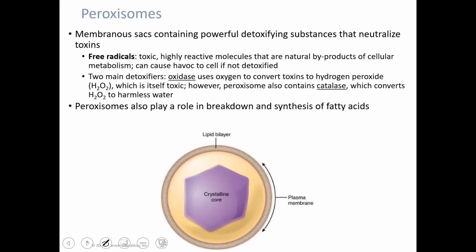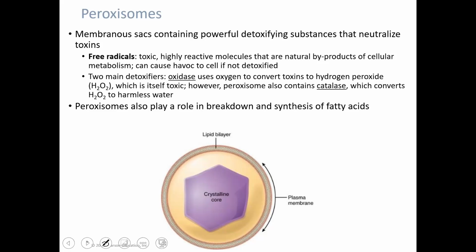As they move through a cell, they can destroy organelles. As they move through tissues, they can destroy tissues, and free radicals can be associated with the development of cancer cells. And so we need an antioxidant to destroy these free radicals.